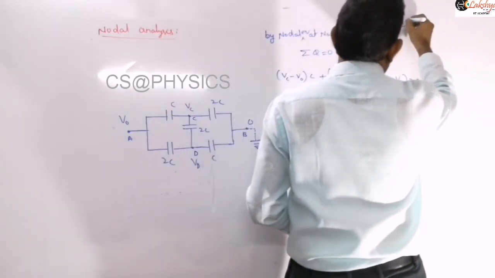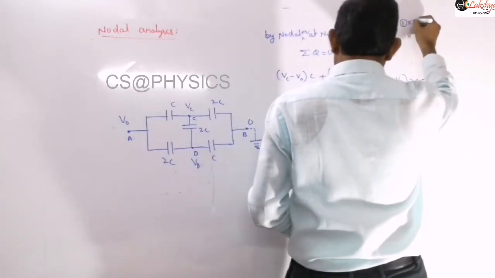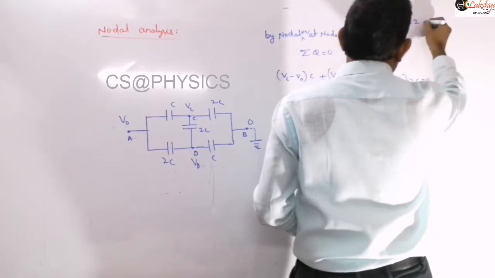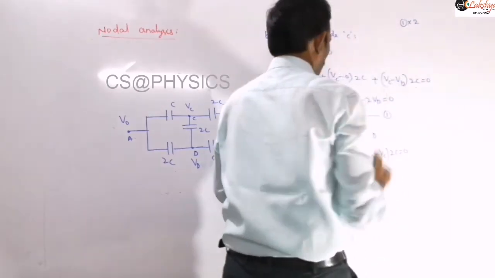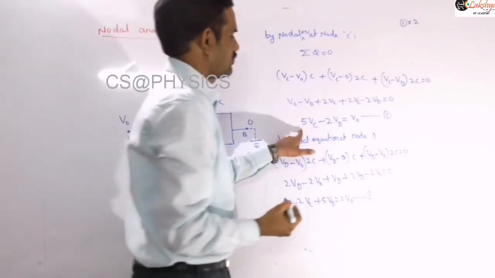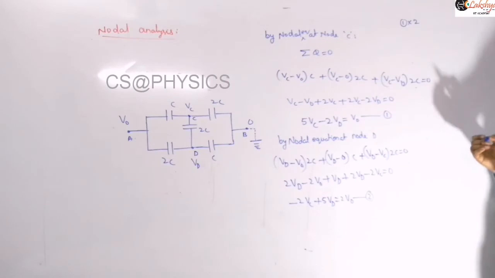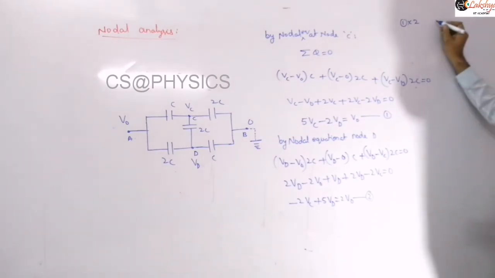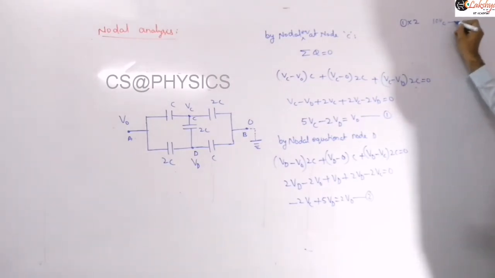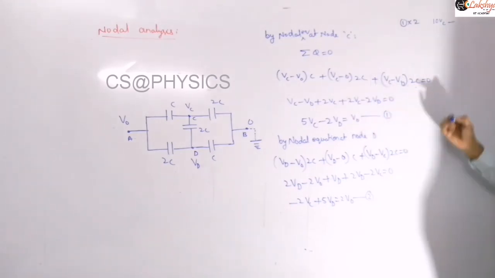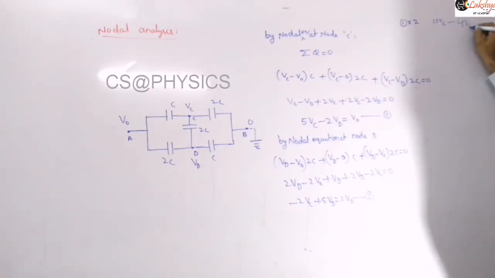So that means equation 1 into 2. So this equation will become, as we are multiplying this equation with 2, so observe this. Then this value I can write here as 10 VC minus 4 VD is equal to, we are multiplying with 2, so 2 V0 you will get.